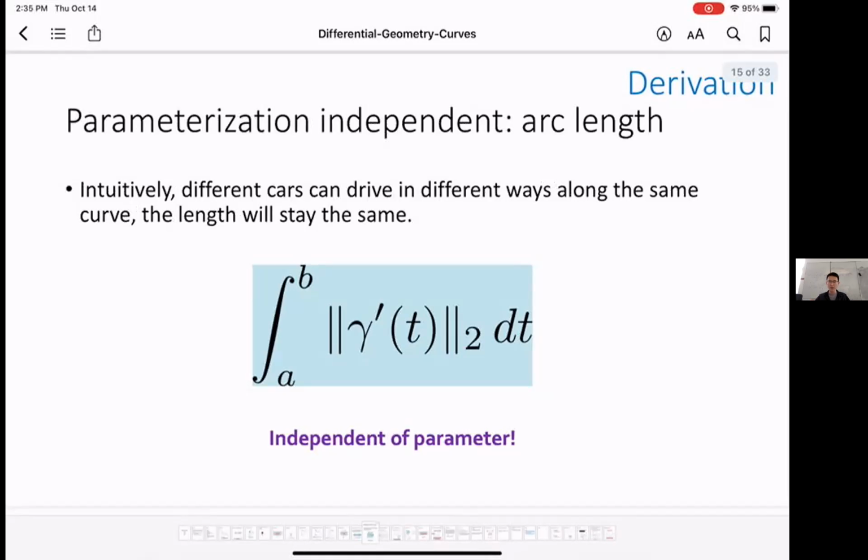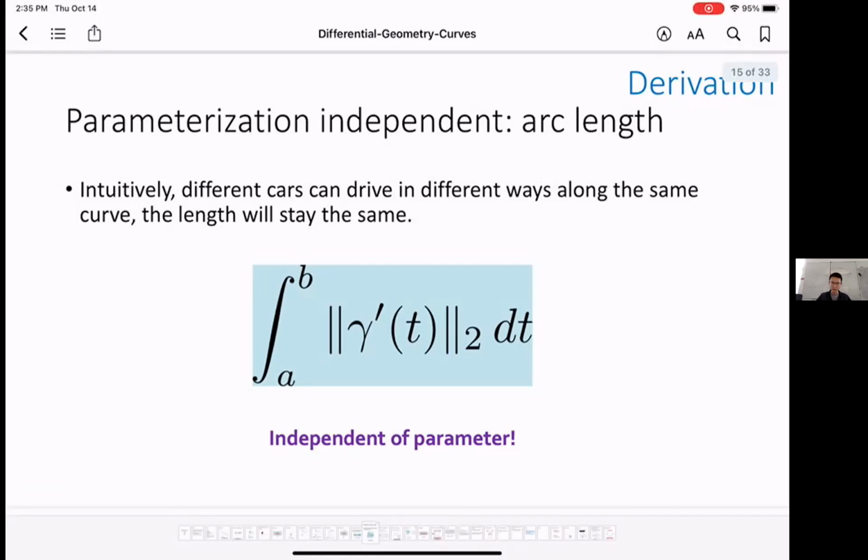The intuition is that I take the derivative with respect to t, which says how much I move within a tiny amount of time. If I take the two norm, this is how much distance I move within this small amount of time.